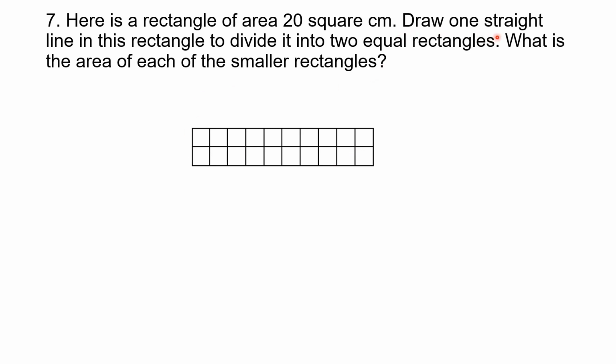Draw one straight line in this rectangle to divide it into two equal rectangles. What is the area of each of the smaller rectangles? So we have to draw a straight line to divide this rectangle into two smaller rectangles. Then we have to find out the area of each of the smaller rectangles.